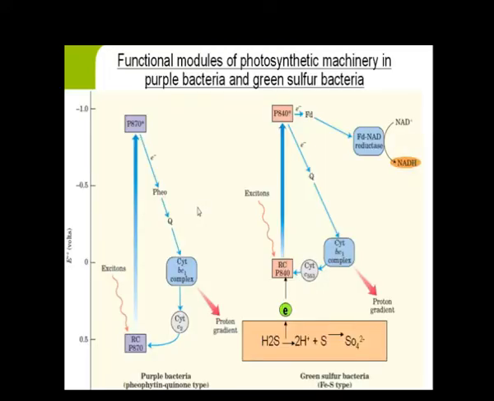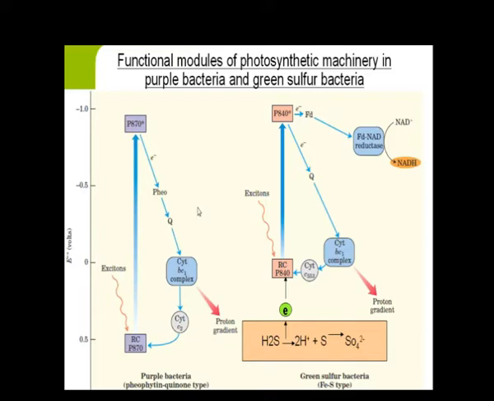You'll see this is the reaction. Two examples are taken, purple bacteria and green sulfur bacteria. First we'll see purple bacteria, RC-P870. RC is reaction center. First it receives excitons, or gets excited with photons, and gives its electron to PO, which is pheophytin.